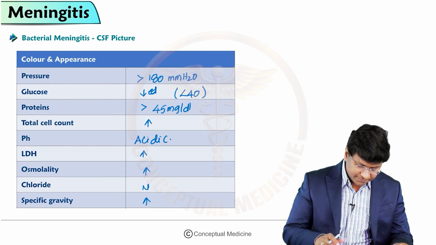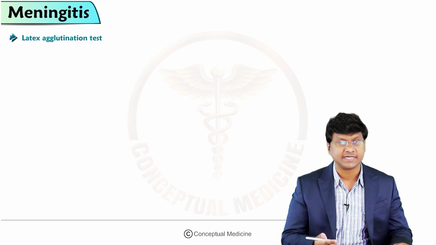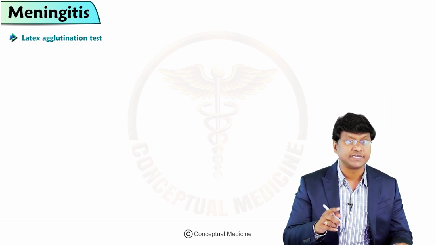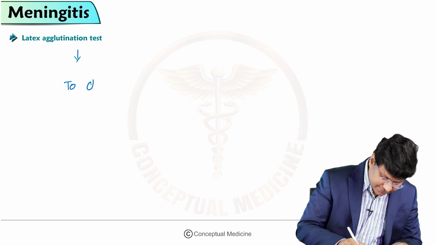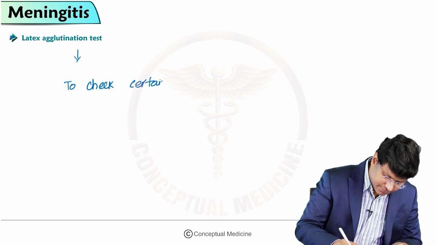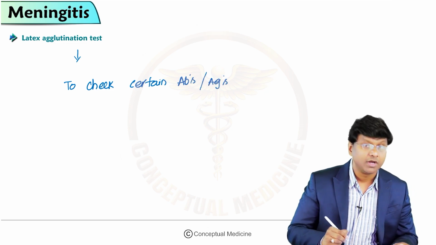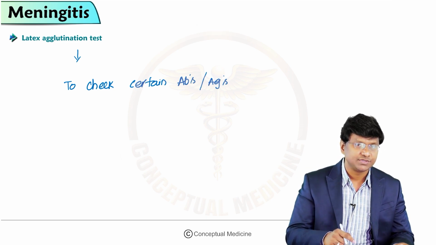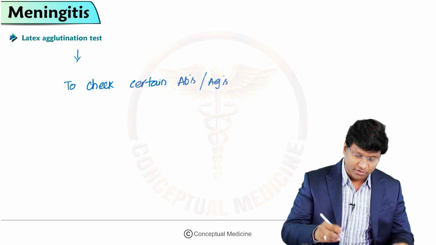Now, coming to the latex agglutination test. What is the importance of this test? The latex agglutination test is a laboratory method to check for certain antibodies or antigens in a variety of body fluids.